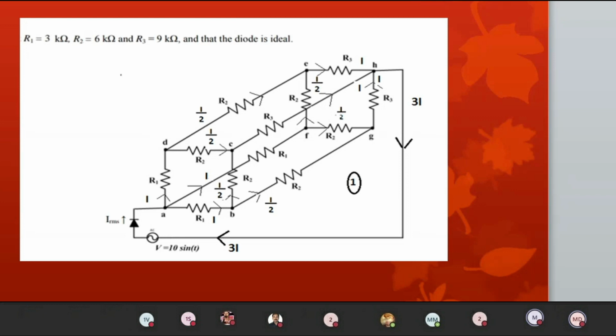Again, another important point you need to understand: at F, the current enters as I. It has two different paths, both are the same. I by 2, I by 2.